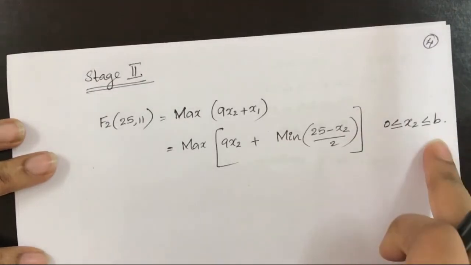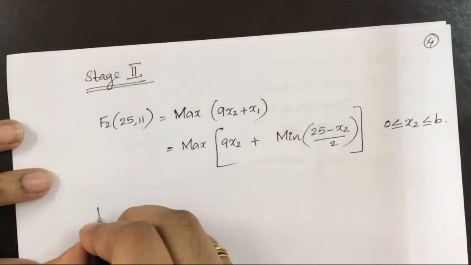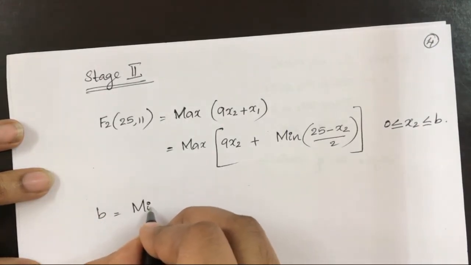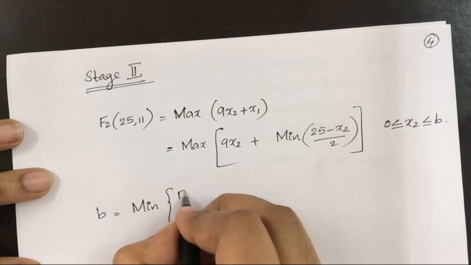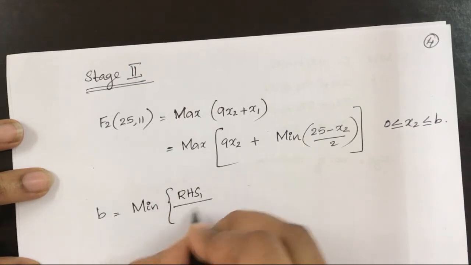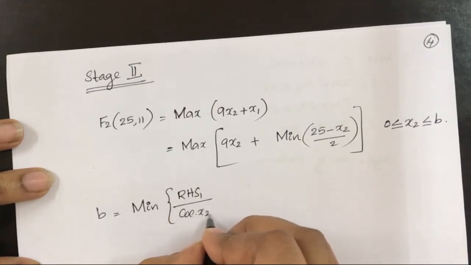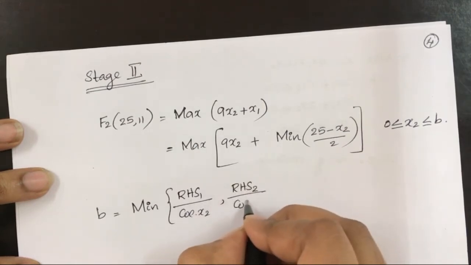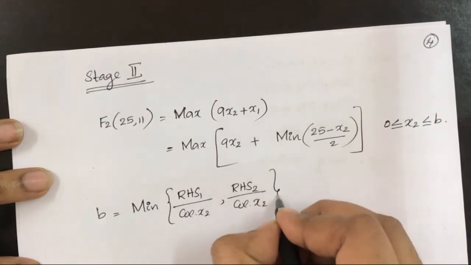Next we need to find the value of b. b equal to minimum of RHS1 divided by coefficient of x2 comma RHS2 divided by coefficient of x2.